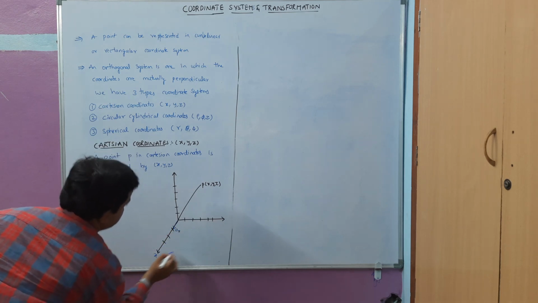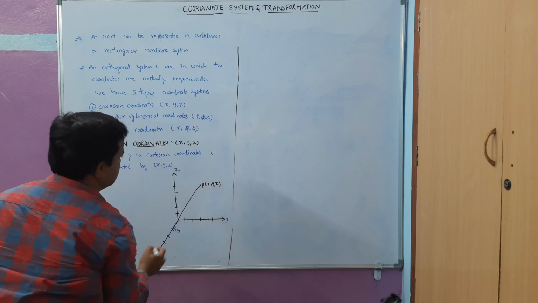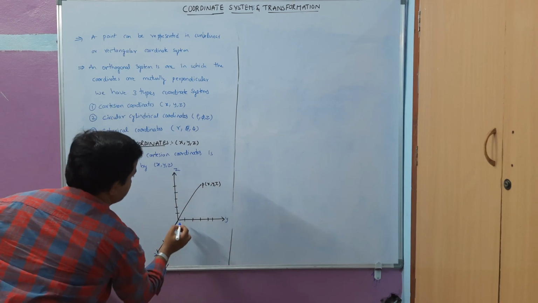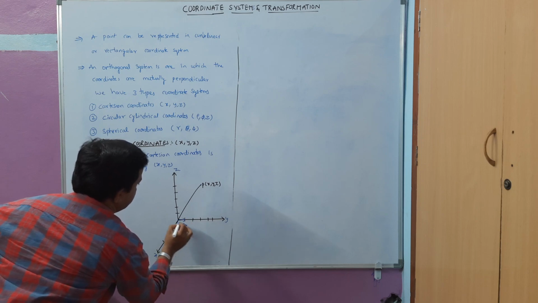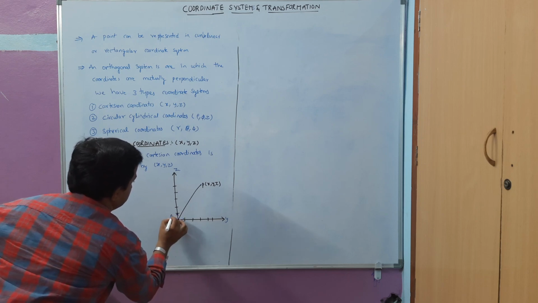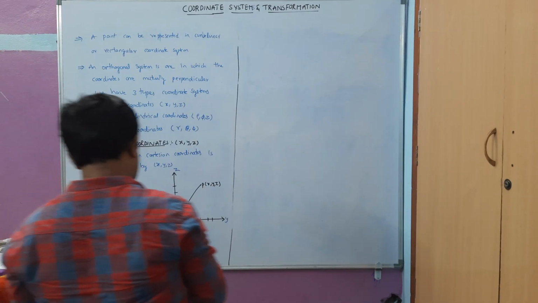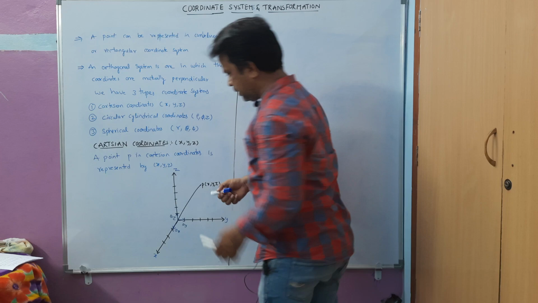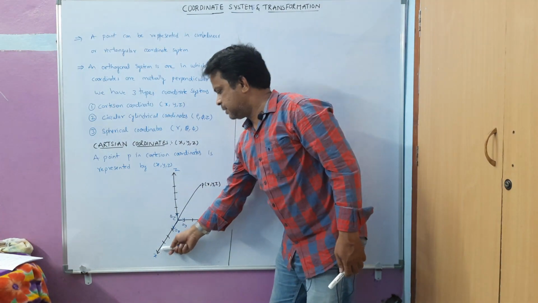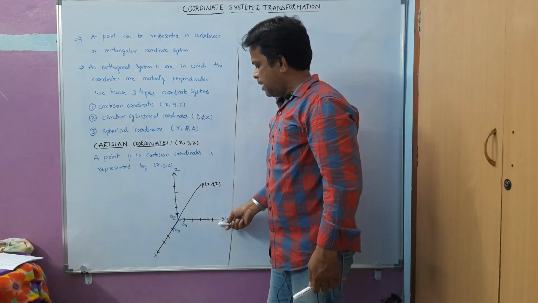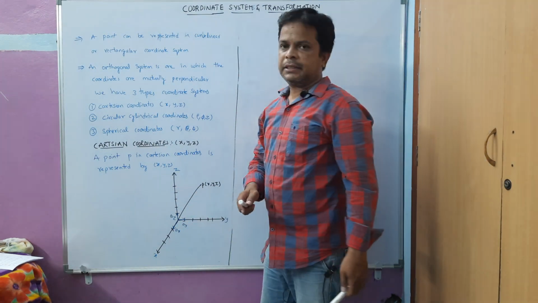This is the x axis, this is the y axis, and this is the z axis. This is the point P, and the unit vectors are ax, ay, az. You can see in this xyz coordinate system that the x axis is perpendicular to the y axis, the y axis is perpendicular to z, and z is perpendicular to x.